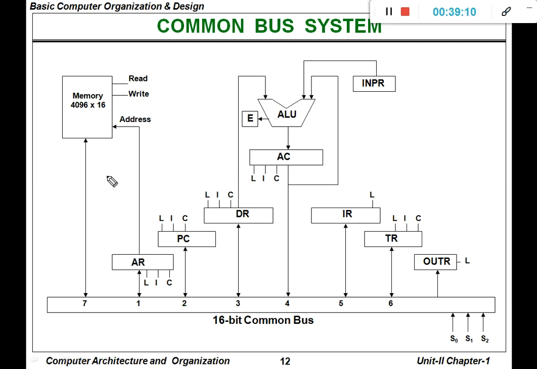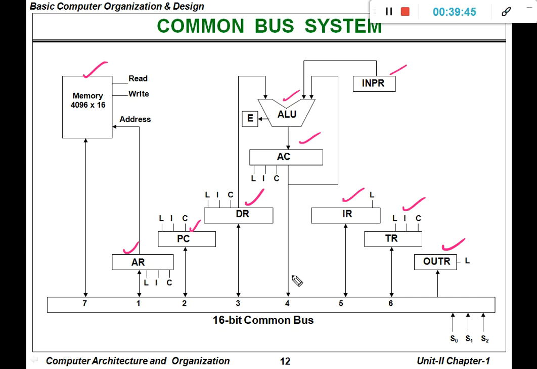You can see here the memory, the AR register, address register, program counter, DR data register, AC accumulator register, ALU, INPR, instruction register, temporary register, OUTR. The same logic, however, in a different way. Either you can draw the previous diagram, or you can draw this diagram also. The functionality is the same, however the diagrams are represented in a different way.